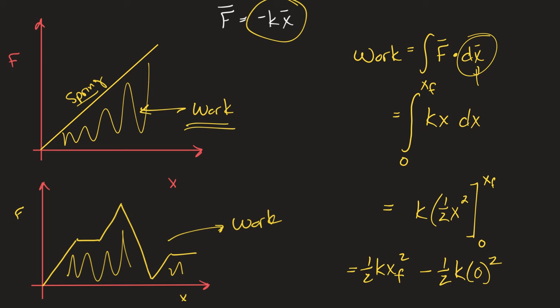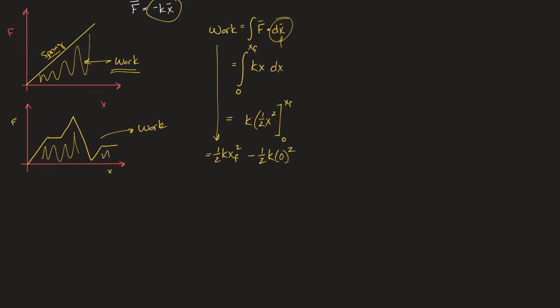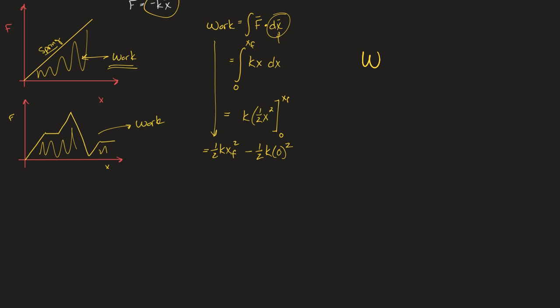Did I lose anybody? Not terrible? Because if you can't follow this line of reasoning, that's okay right now. All I will really care about is what I'm going to say here right this moment. That when you do work on a spring, the energy stored in the spring is equal to 1/2 kx squared, where x is how far it was compressed.